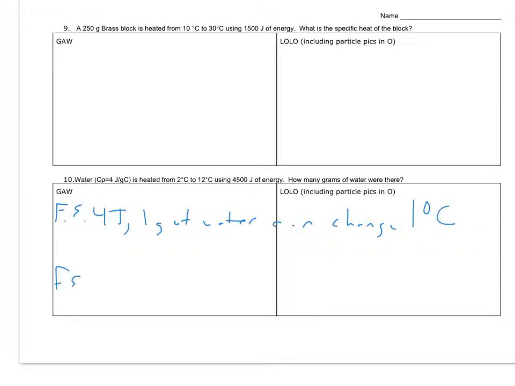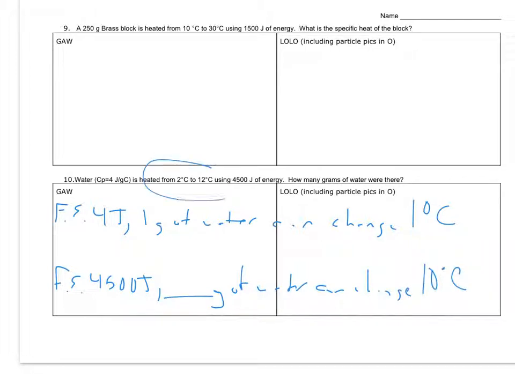And we want to know for every 4,500 joules, blank grams of water can change 10 degrees Celsius. And it's heated up, so we're going times 10, which would be 1125.